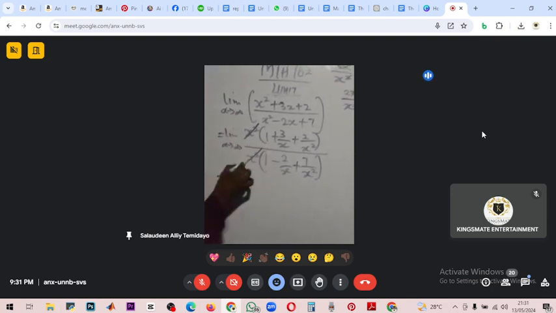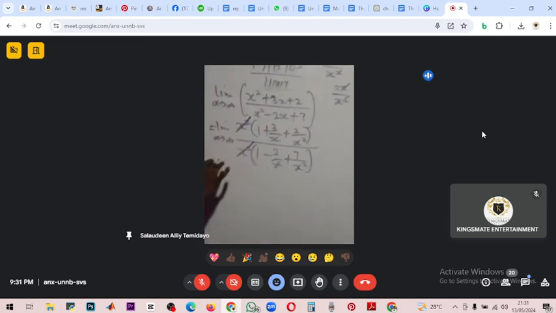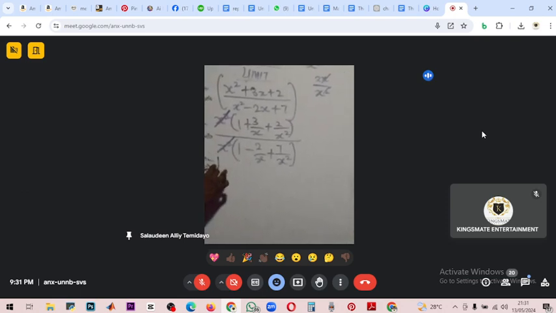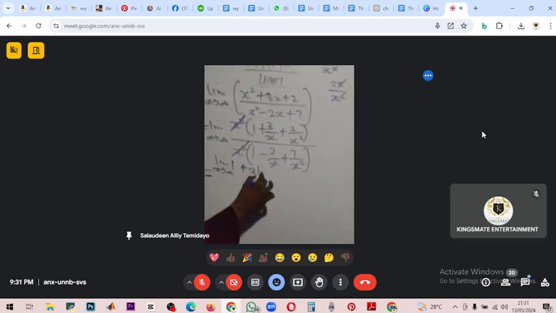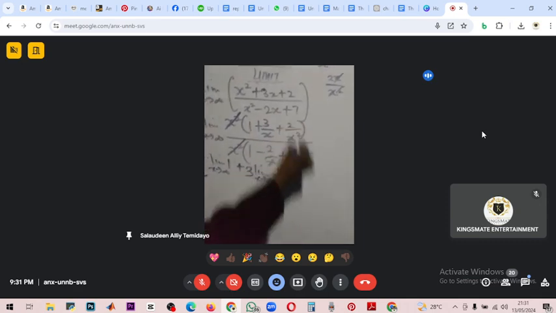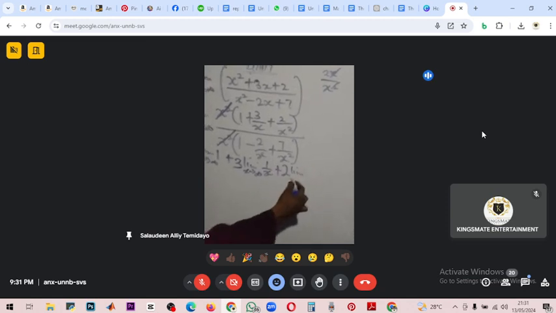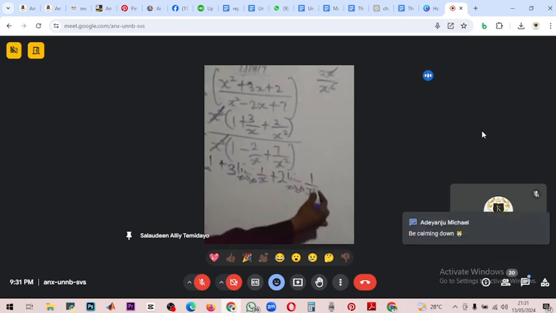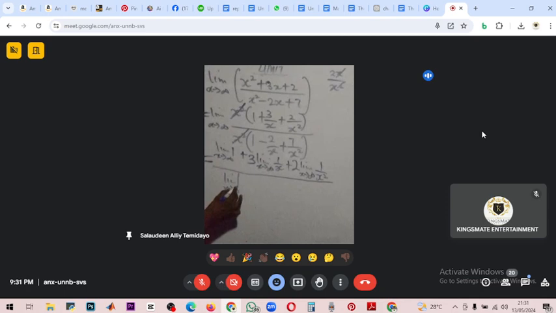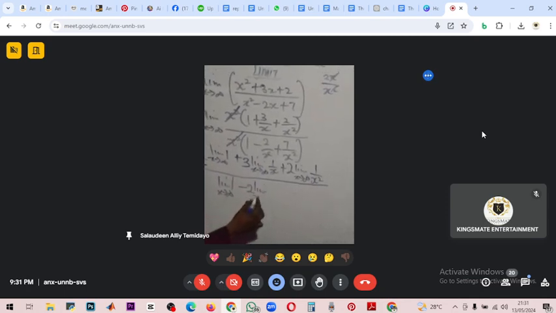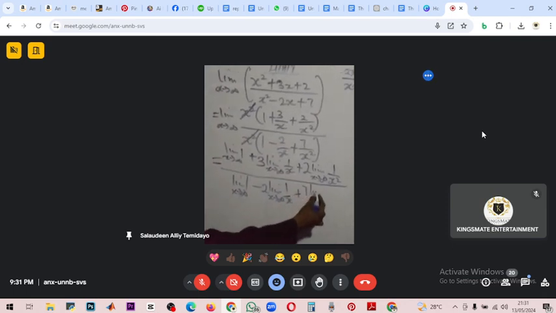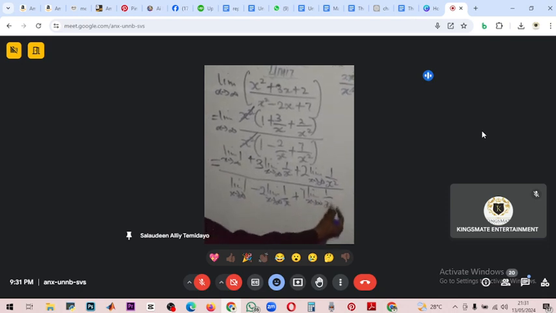So now the x squared has been cancelled by the other x squared. Now let's just use the distribution first. We have the limit as x goes to infinity of 1, plus 3 times the limit of 1 over x, plus 2 times the limit of 1 over x squared, over the limit of 1, minus 2 times the limit of 1 over x, plus 7 times the limit of 1 over x squared.